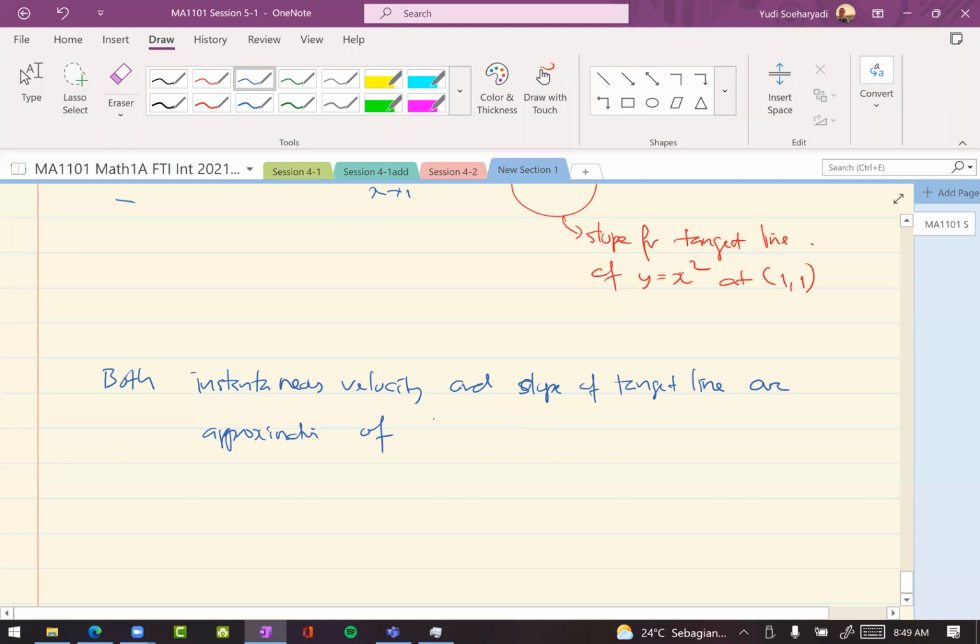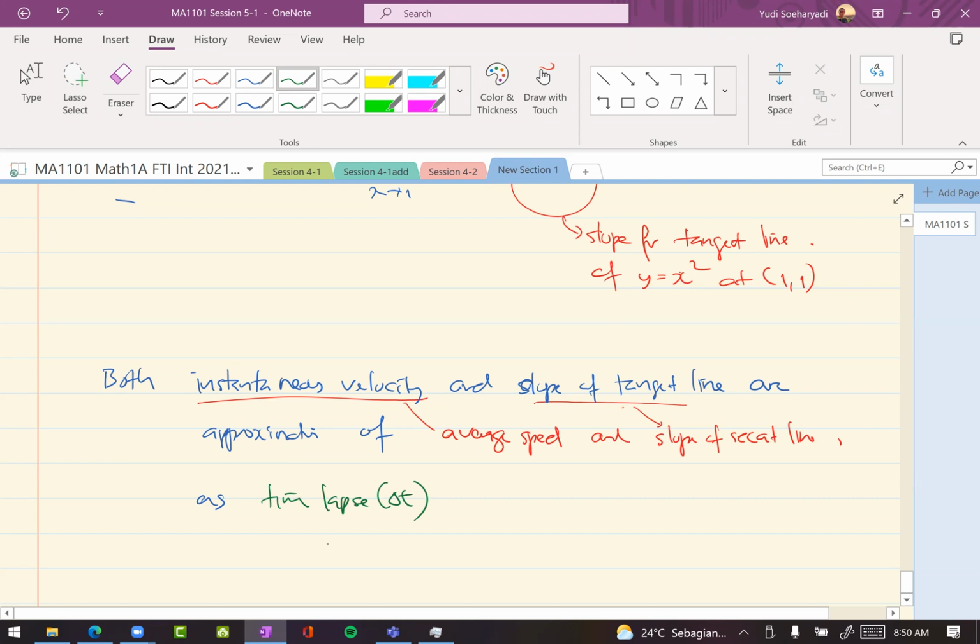If instantaneous velocity is the limit of average speed as the time lapse goes to 0, the slope of tangent line is the limit of the slope of secant lines as delta x goes to 0.